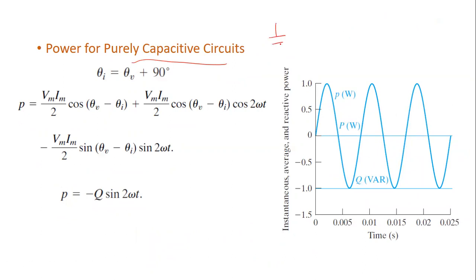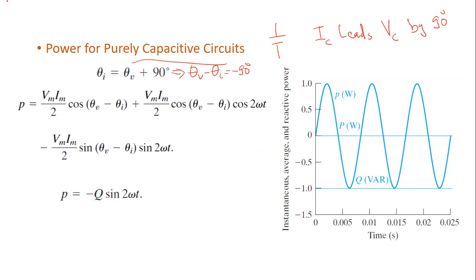We know that in the capacitor, the current through the capacitor leads the voltage across the capacitor by 90 degrees. So theta I, the phase angle of the current, is equal to theta V, the phase angle of the voltage, plus 90 degrees. From here, theta V minus theta I will be equal to negative 90 degrees.